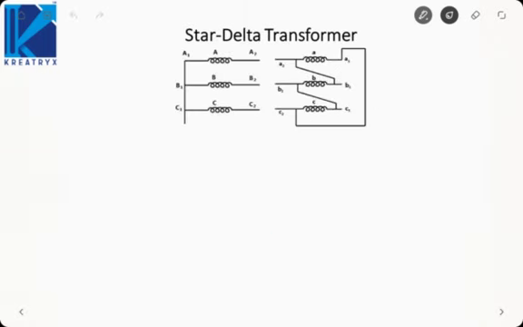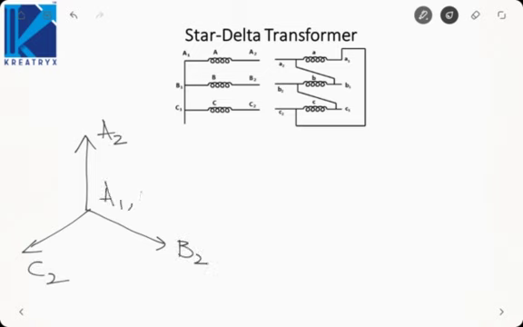So first let us draw the primary phasor. This will be A2, B2 and C2. This will be A1, B1, C1 and neutral. If we draw secondary phasor, A1 to A2 will be like this.